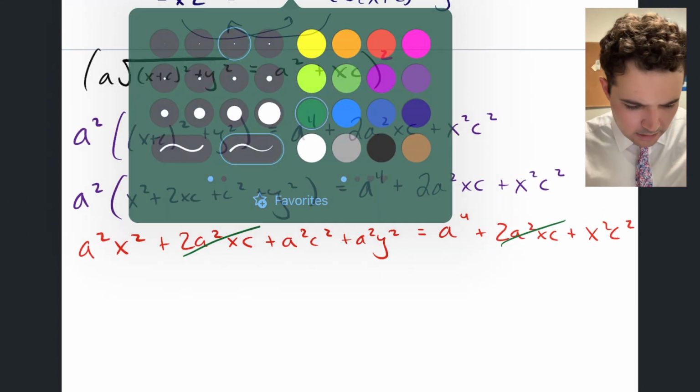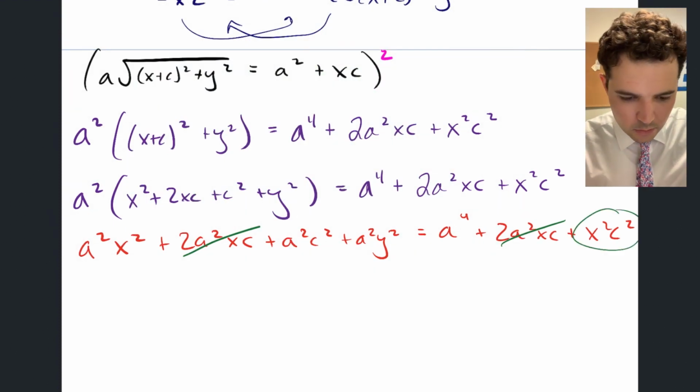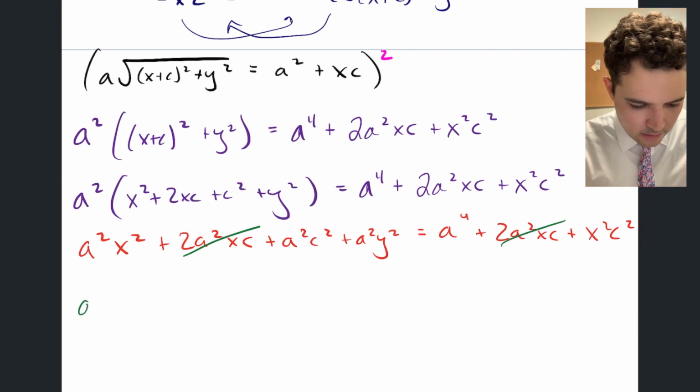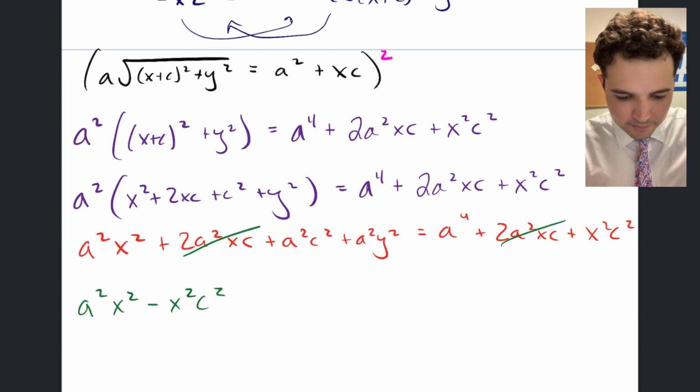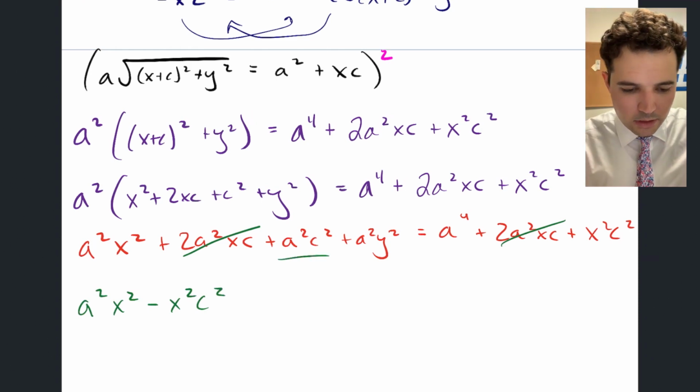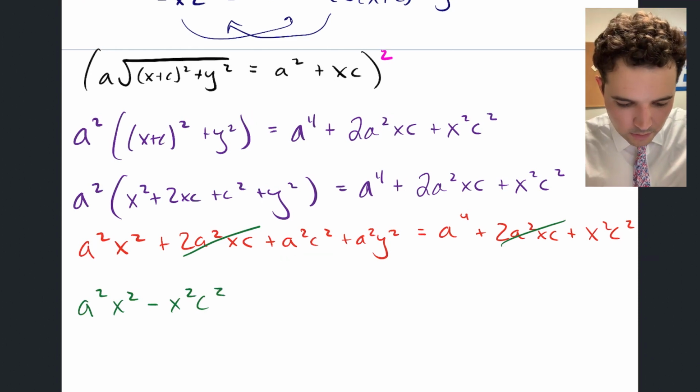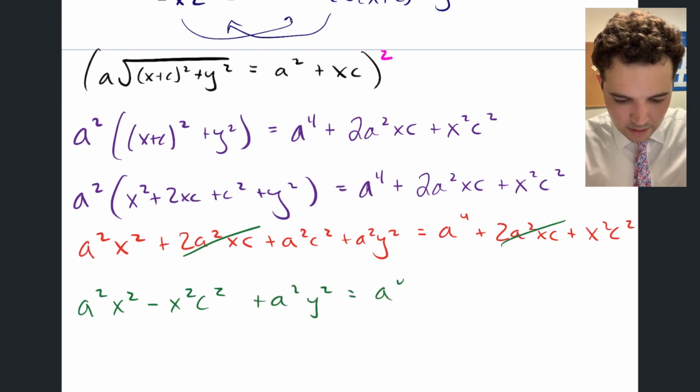So let's see, I'll move the x squared c squared to the other side. And I'll move my a squared c squared, so that's constant, to the other side as well. So that will be subtracted, a squared c squared.